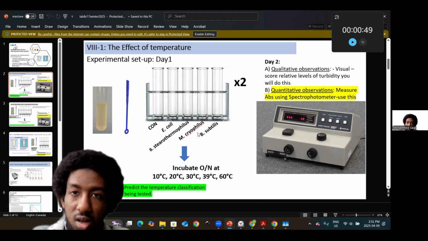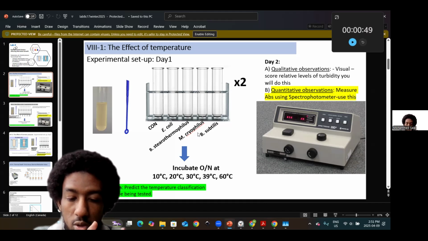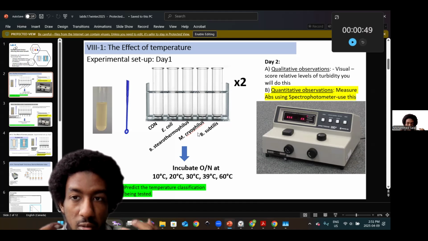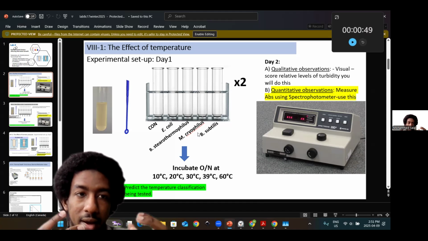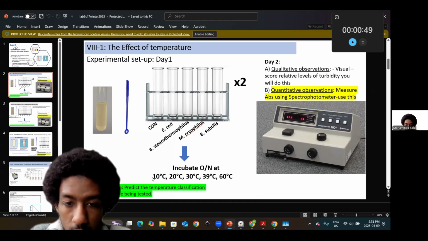Some have catalase, some don't, right? As we talked about for the Streptococcus family, as you saw, some Streptococci do and some don't. And so I want you to think about these different properties of bacteria and how they optimally grow in different conditions. As you can see here, we had a myriad of them from 10 to 60 degrees.